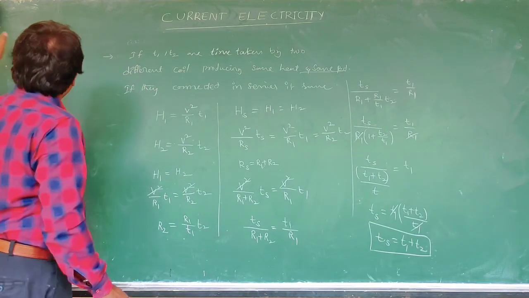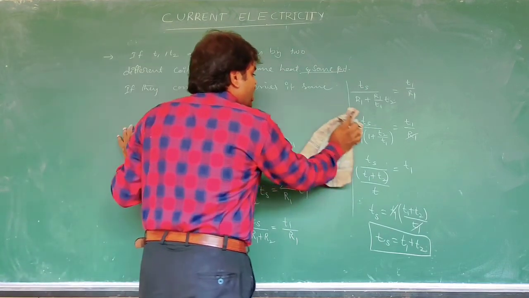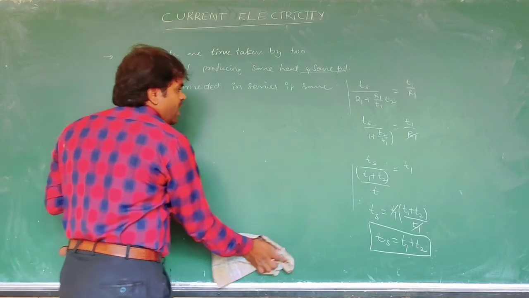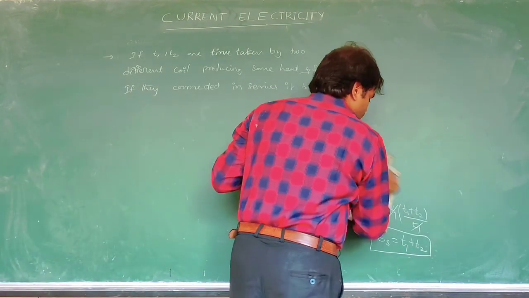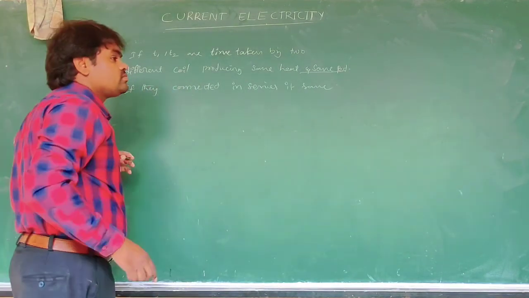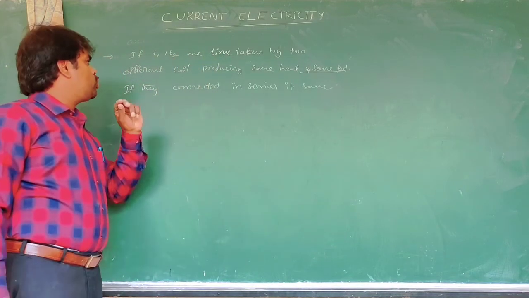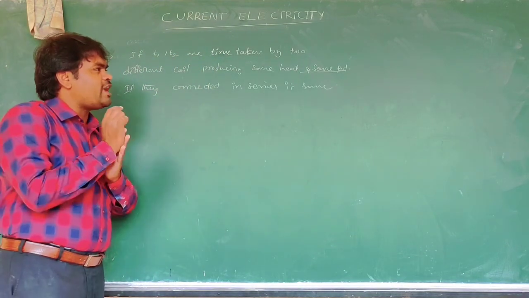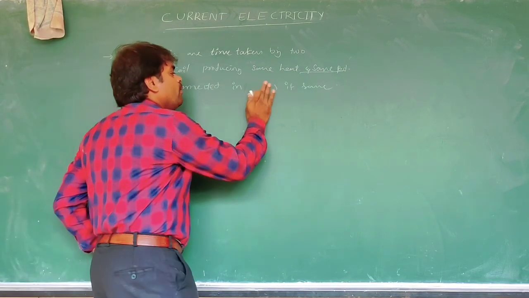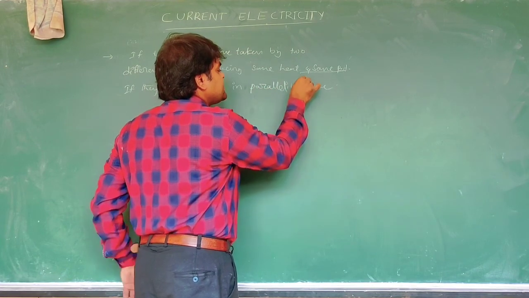Now we are going to discuss the same, but with the coils connected in parallel combination. What is the time period? If T1 and T2 are the times taken by two different coils producing the same heat with the same potential difference, connected in parallel, producing the same heat.